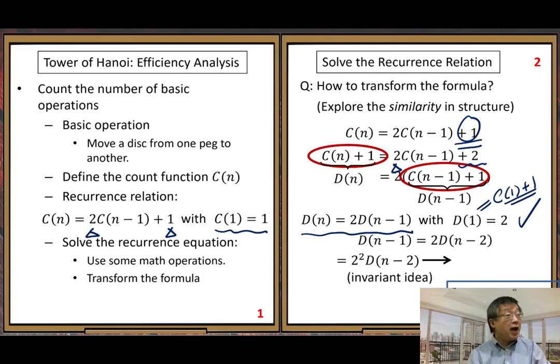Here, I use that idea another time. What is the invariant when we do iteration by iteration? Our observation is that the exponent of the power of 2 plus the problem size, n minus 2, is a constant: 2 plus n minus 2 equals n, right?